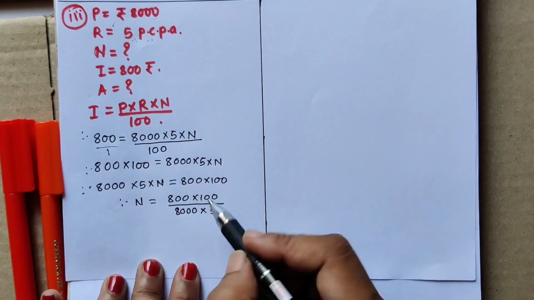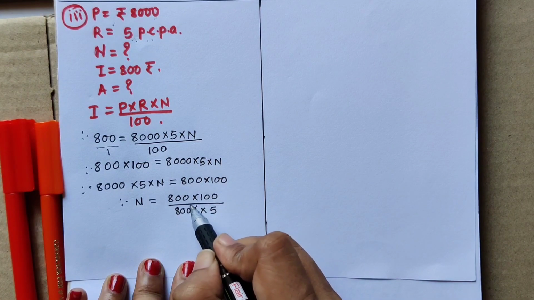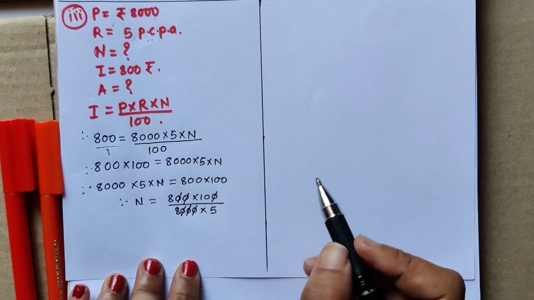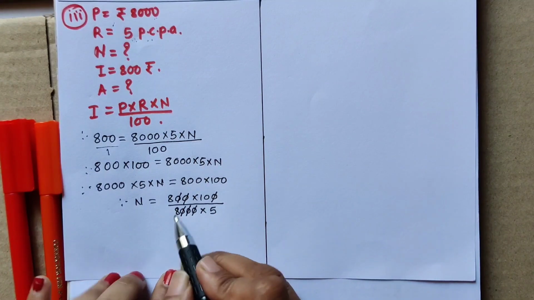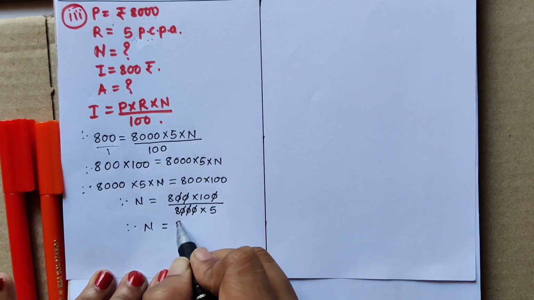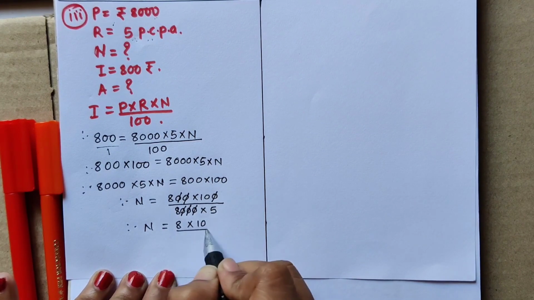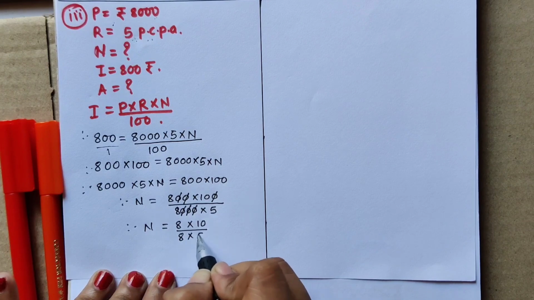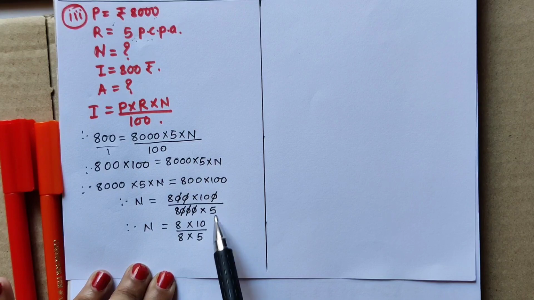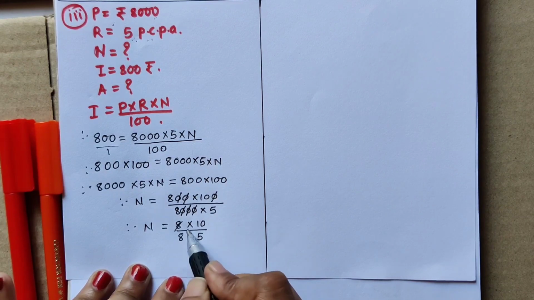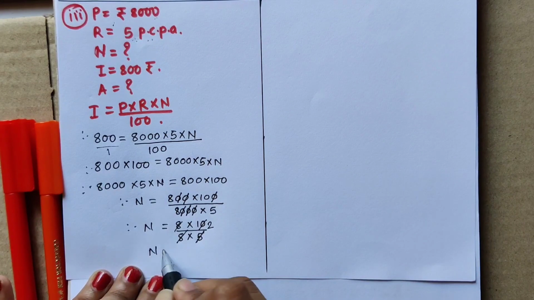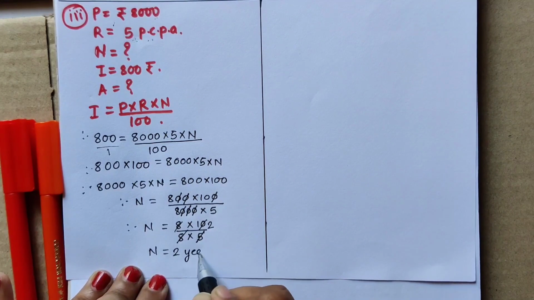Now cancel the zeros first. 1 2 3, 1 2 3. Okay, so what we are getting, n is equal to 8 into 10 upon 8 into 5. Okay, this 8 is remaining and 10 upon 5. 8 cancelled, 5 ones are 5, 5 twos are 10. So number of years we are getting 2 years.